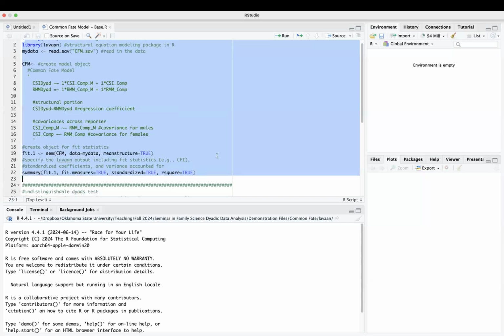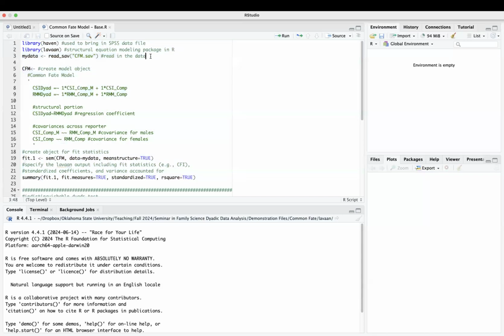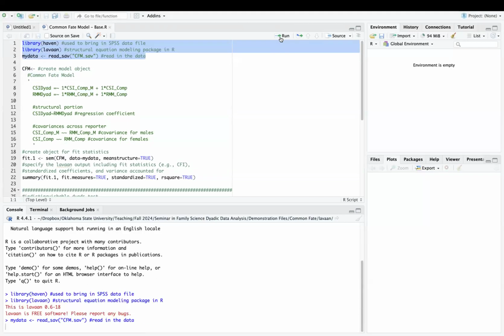So in this video, I'm going to build on the first model that I previously ran to test indistinguishability. Briefly, I'm using two packages. I'm using lavaan to run the structural equation models, and I'm using haven to import my SPSS data file.